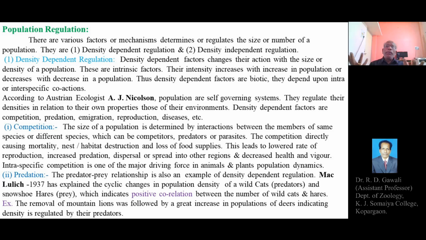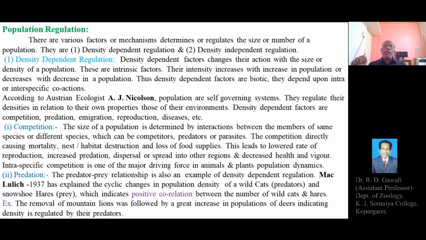There may be infections of different pathogens or disease causing agents, maybe epidemics or epizootics, and they can cause disease and ultimately result in a decrease in the number of individuals in a population, thus reducing the population density.